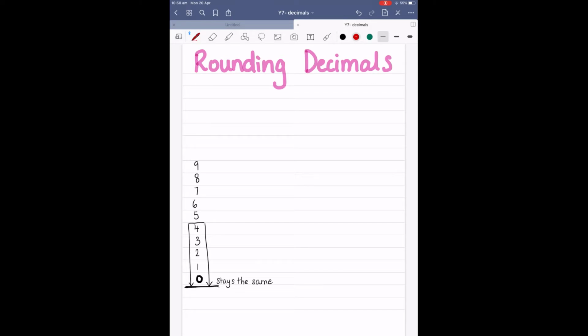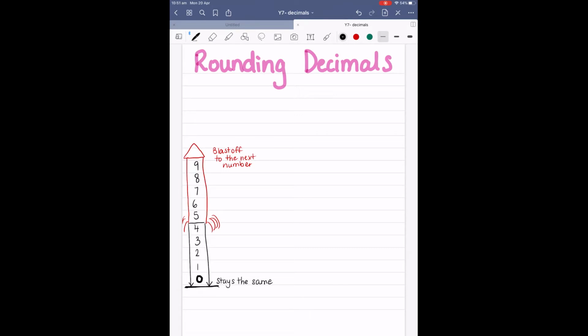However, if your rocket is a number 5 or above, it has enough power to blast off to the next number. We're going to use this little story that I just quickly made up on how to round decimals.